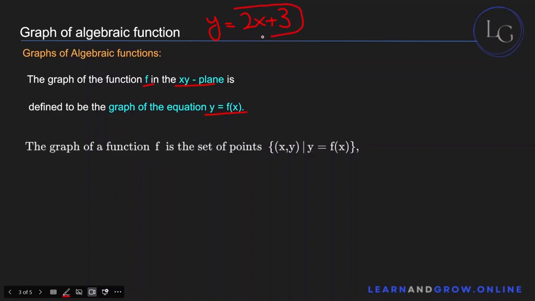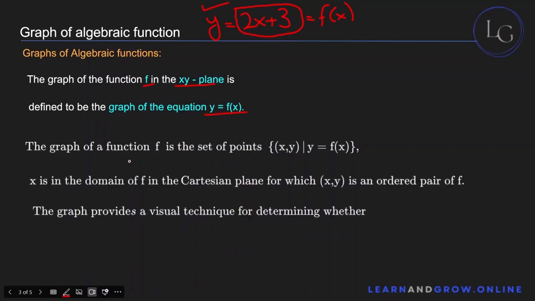This 2x plus 3 is the function that takes the input x to give you a value for the output y. So y equals f of x. And so the graph of the function f is represented like this, and x is in the domain of f in the Cartesian plane, which is this xy plane, right?